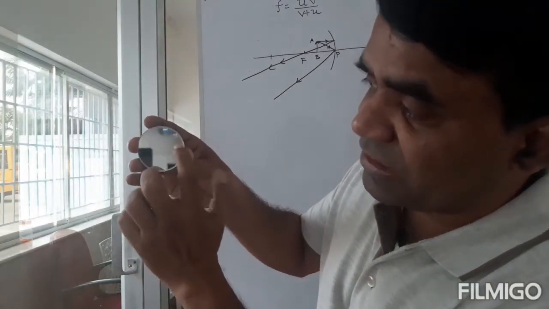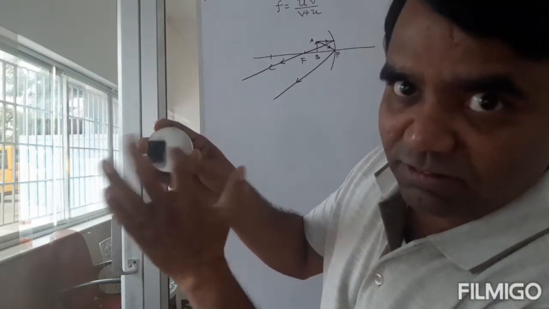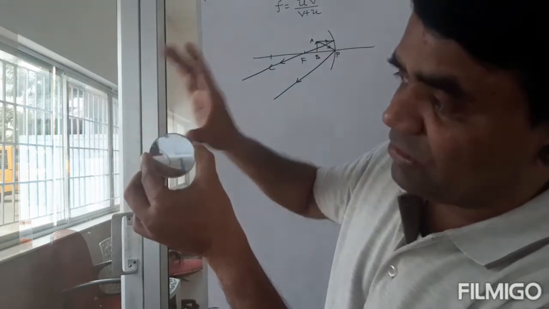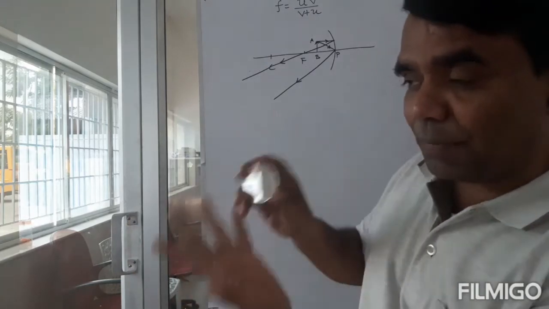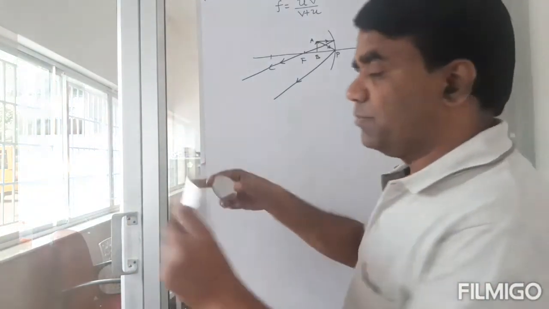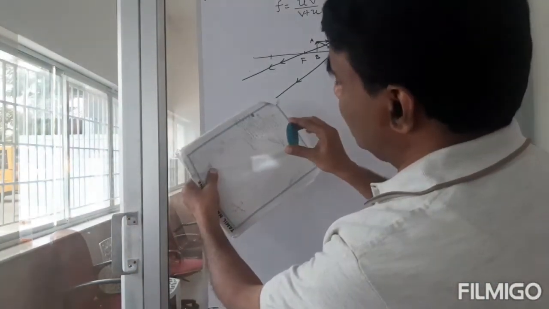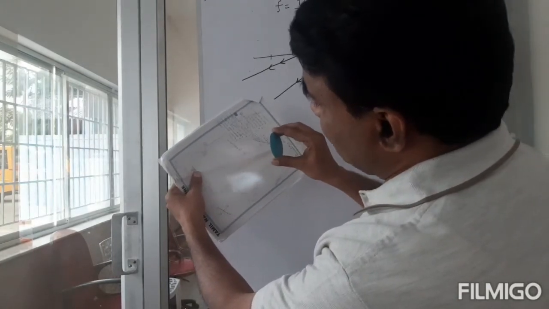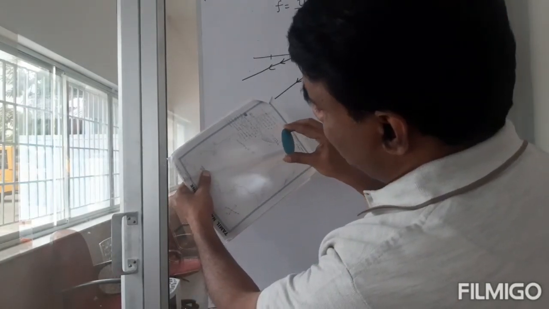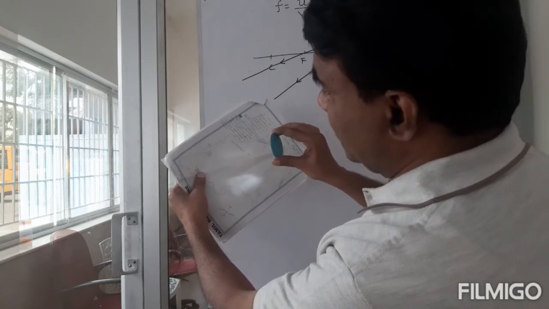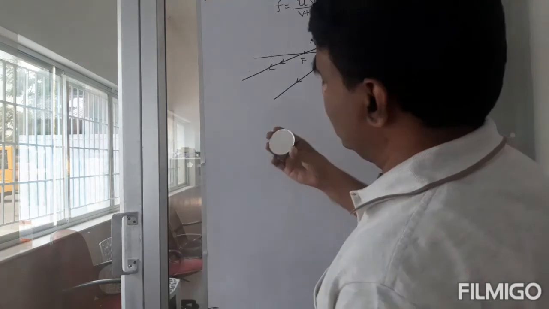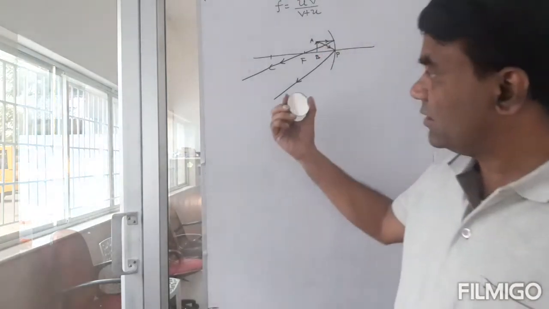The virtual image is what you see in the mirror. It will appear as if it is on the other side of the mirror. So this is a virtual image. But if you can capture it on a screen like this, there is a bus in front of you, then you can see that it is captured on a screen. It's upside down. The window can be captured on a screen. So this is a real image. You won't see it in the mirror.